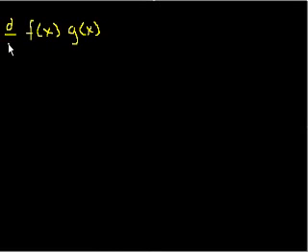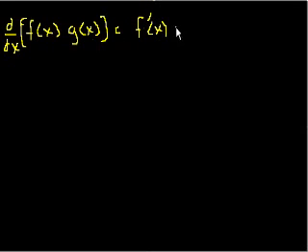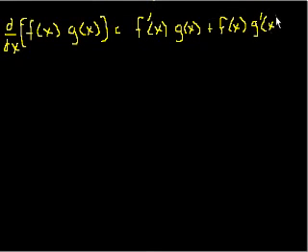Well, the rule just told us that this is the same thing as the derivative of the first function, f prime of x, times the second function, g of x, plus the first function, f of x, times the derivative of the second function. And I'll show you where I'm going with this in a second.